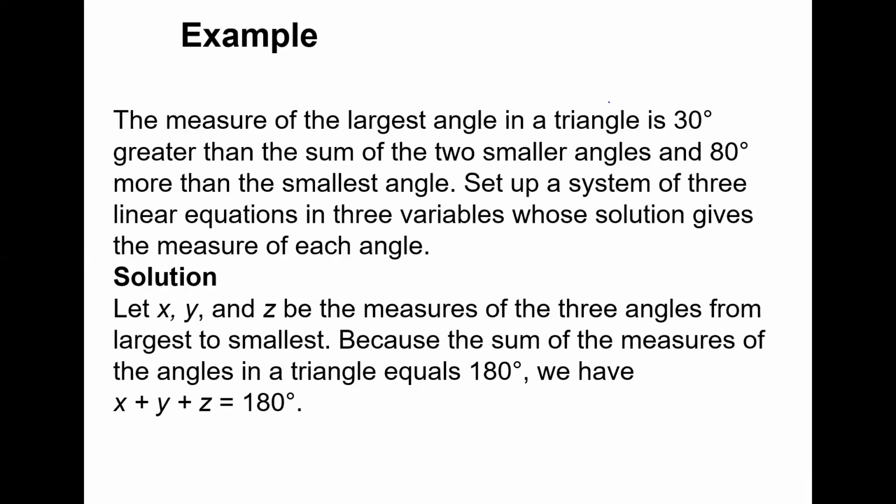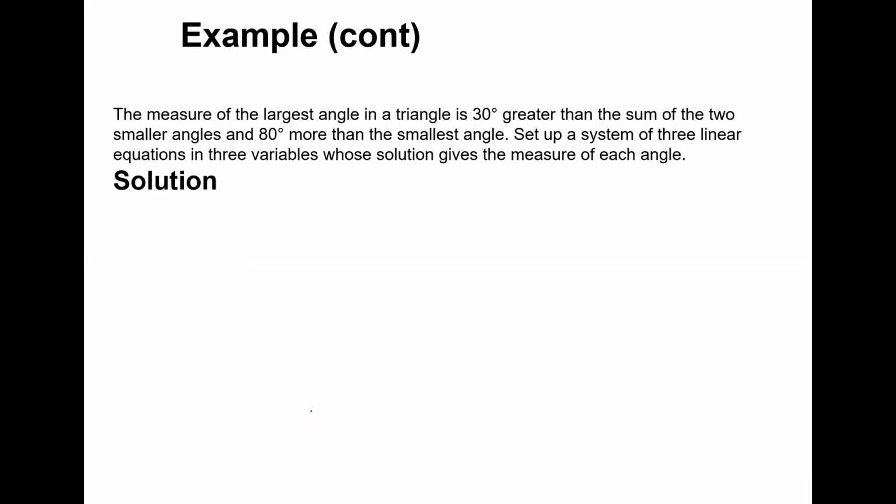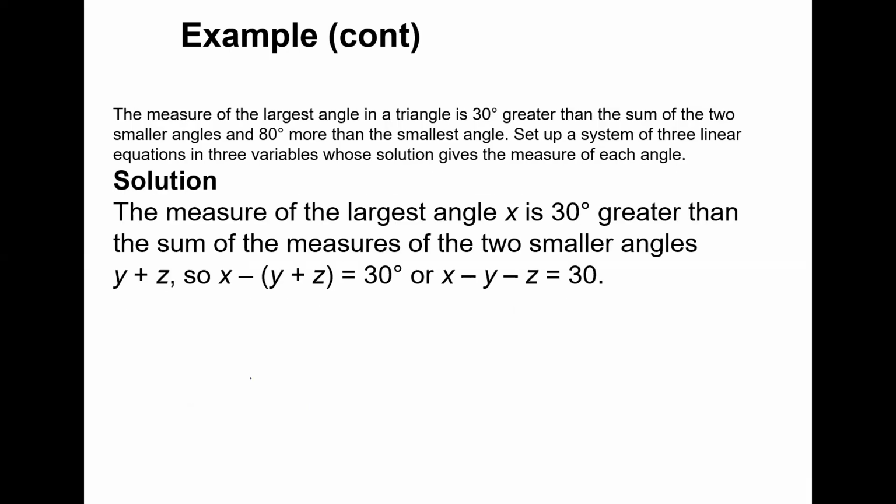Then we have to remember what a triangle is. A triangle adds up to 180 degrees, so that's our key thing. x plus y plus z equals 180 degrees, and that's our first equation. The next one says the largest angle in a triangle is 30 degrees greater than the sum of the two smaller angles.